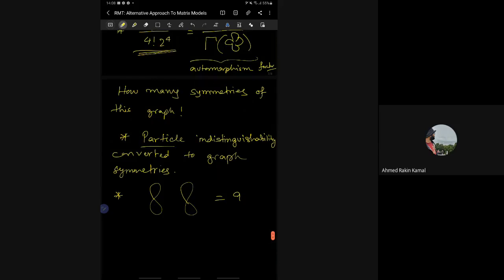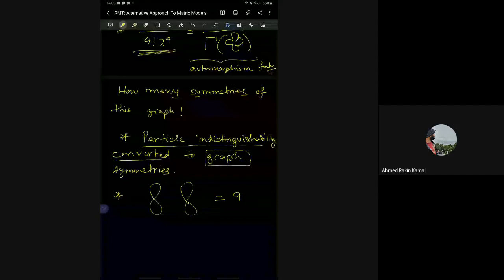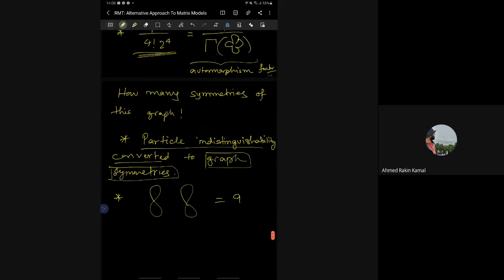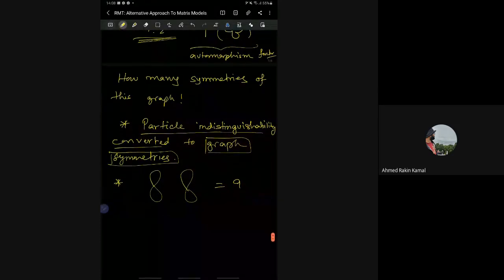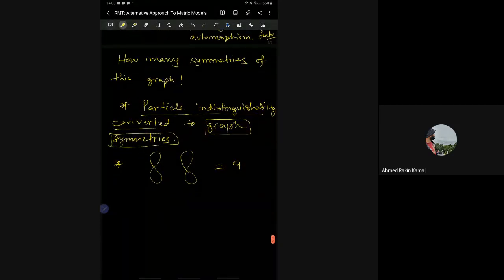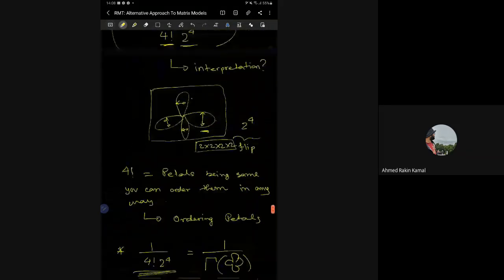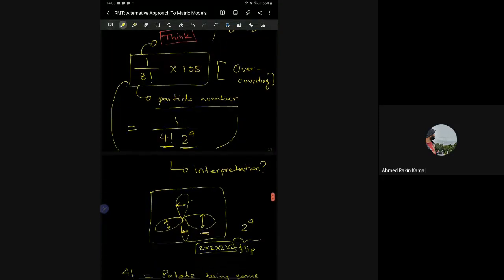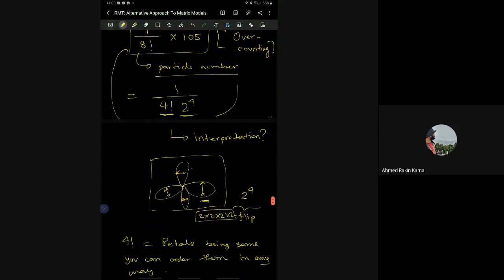So we said the particle indistinguishability is converted to my graph symmetry, that is, the things that make my graph invariant under a change, that give us freedom to do various operations on the graph. We multiplied by 1 over 8 factorial here because there are 8 indistinguishable particles.